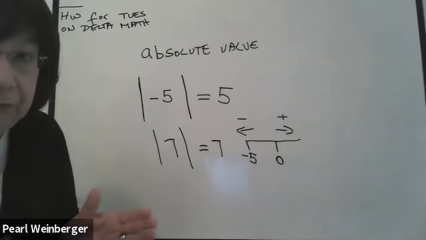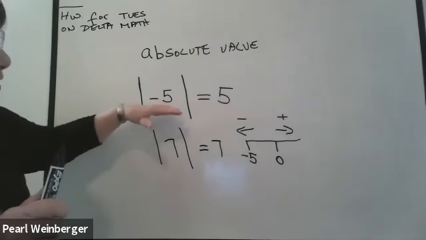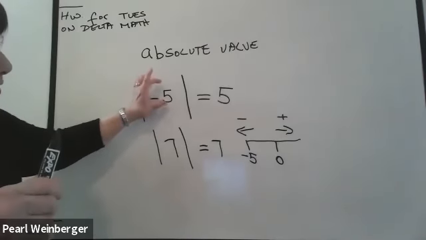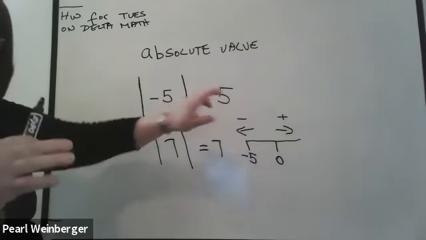Figuring out the absolute value is really pretty easy, because if you want to find the absolute value of a number, you just look at the number. You drop its sign and you get the number.